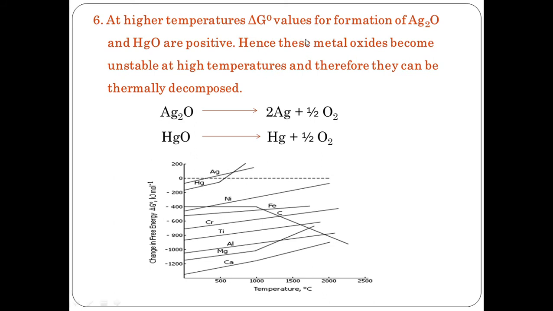Next point. At higher temperatures, delta G naught values for formation of silver oxide and mercury oxide are positive. So above the zero line, silver and mercury have positive delta G values.